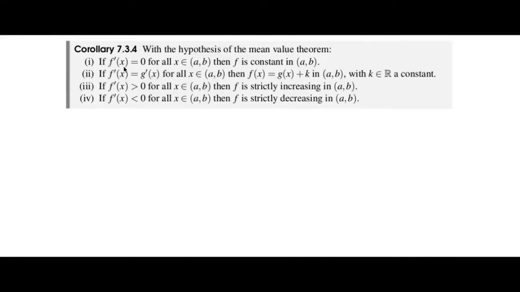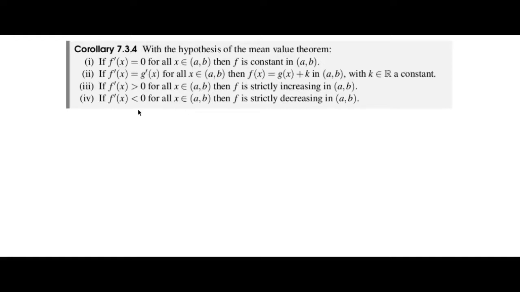If the derivative of f is 0 for all the values in the interval, then f is constant. Not only the other way around: if f is constant, we know that f prime is 0, but the other way around works as well. If the derivative is 0 for all the values in the interval, then the function is constant in that interval.